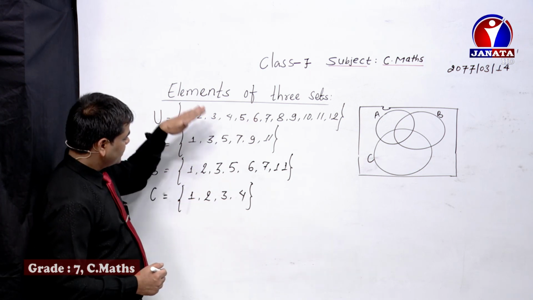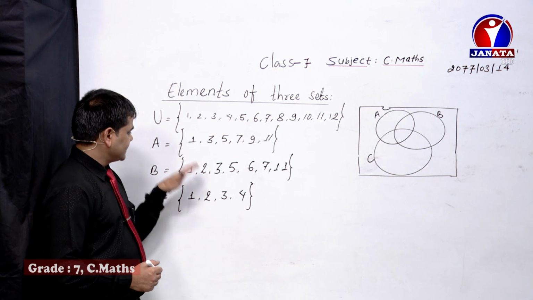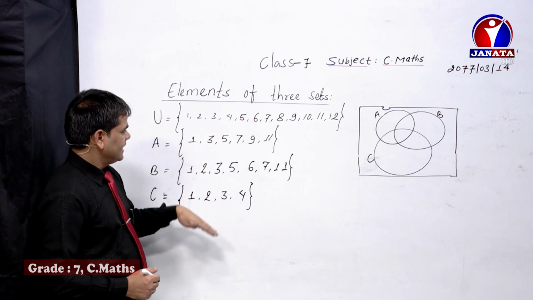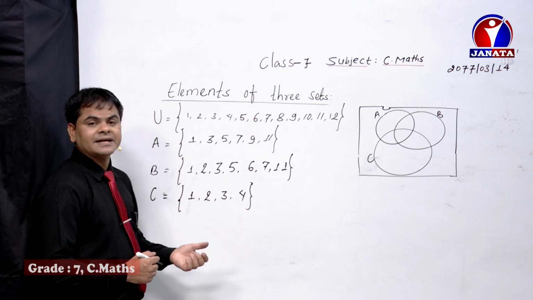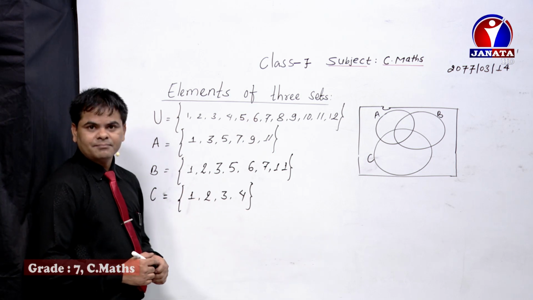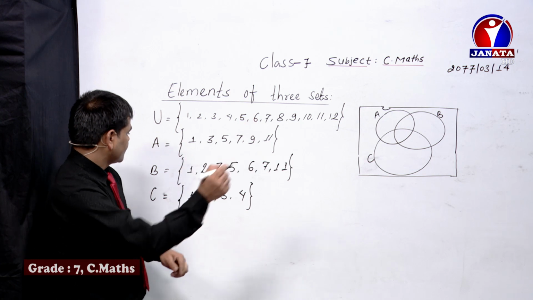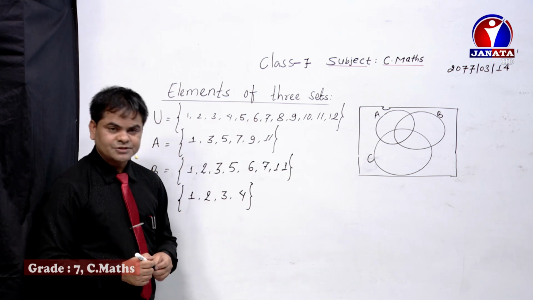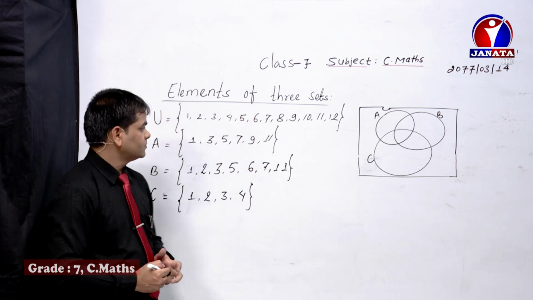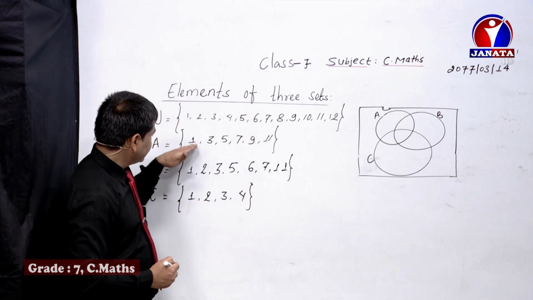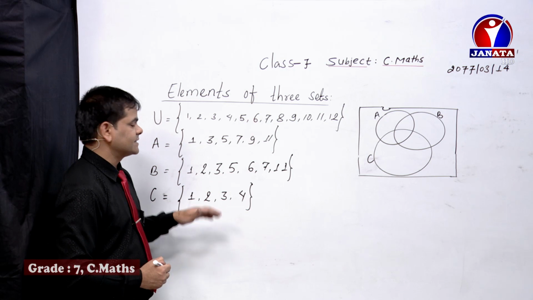So by putting together these three subsets of this universal set, let's keep them in a Venn diagram and try to find out the information from the Venn diagram. First of all, as I have already told you, dear students, while keeping elements in a Venn diagram, the common elements of all three subsets of this universal set should be kept first.